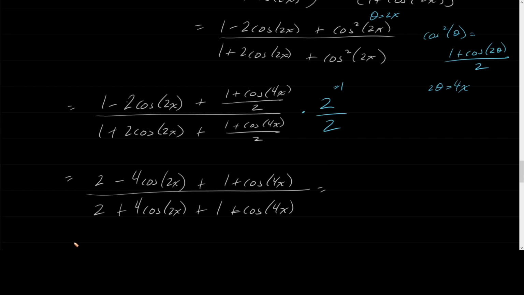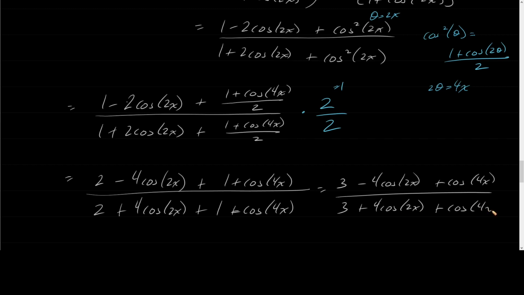Lastly, as my final answer, combining like terms, 2 plus 1 is 3, so we have 3 minus 4 cosine of 2x plus cosine of 4x. Similarly, on the bottom, 2 plus 1 is also 3, so 3 plus 4 cosine of 2x plus cosine of 4x. And that right there would be our final answer.